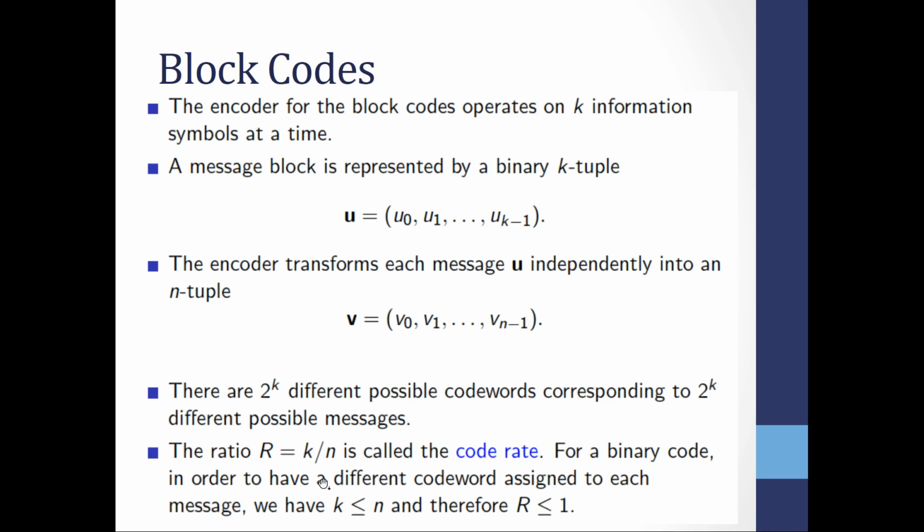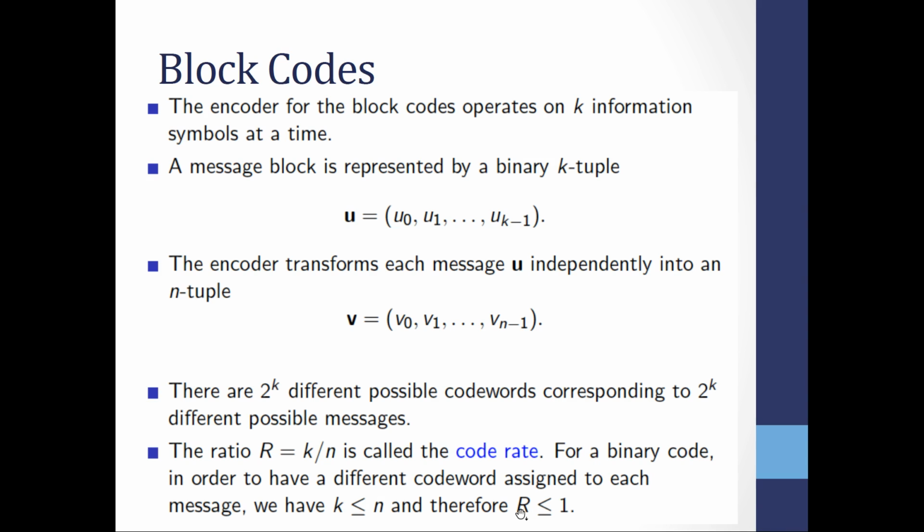For a binary code, in order to have a different code word assigned to each message, the k number of bits in the information sequence is less than the number of bits in the encoded sequence, and therefore R is usually less than or equal to 1.